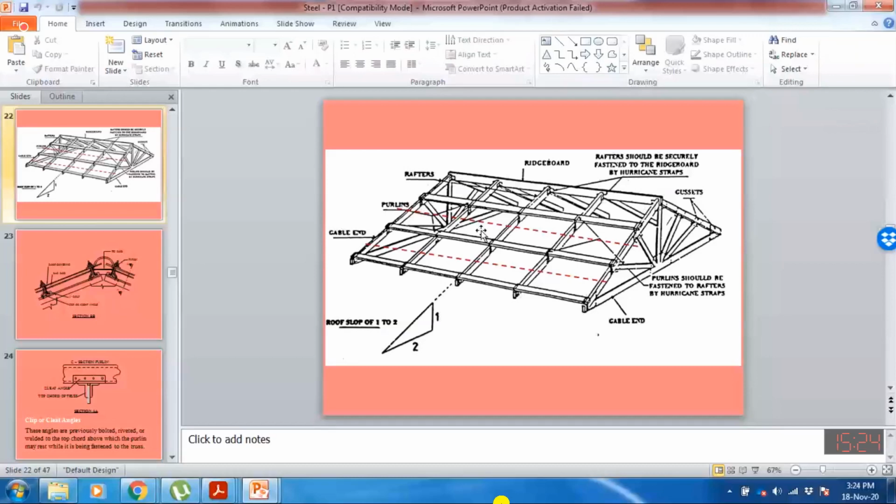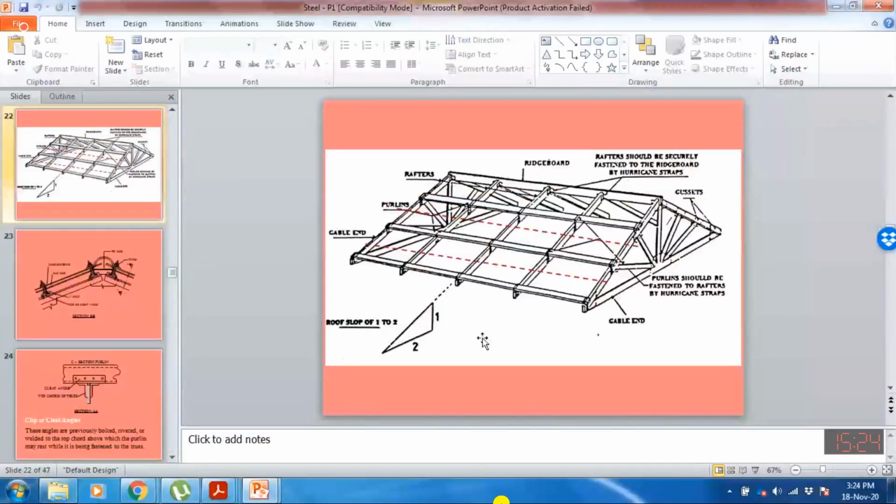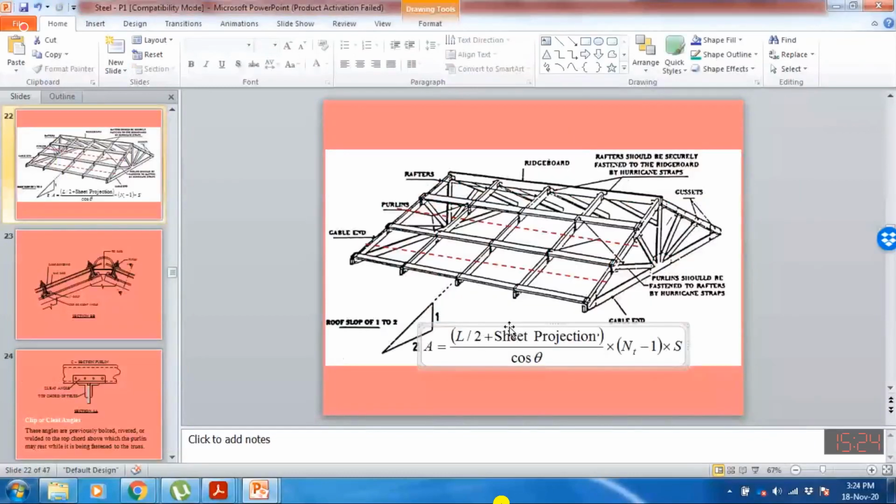So let me repeat the formula over here. I will copy this formula on this slide just to explain. I told you that we provide some extra inclined length on this side. So this inclined length will be L by 2 plus the edge projection, half length divided by cos theta, will be this inclined distance, multiplied by s.